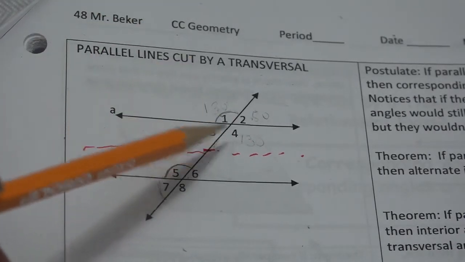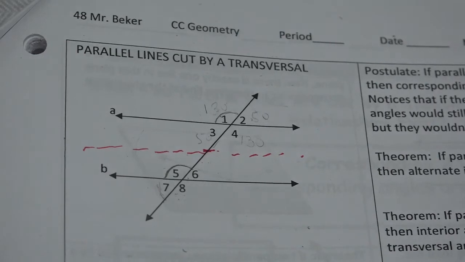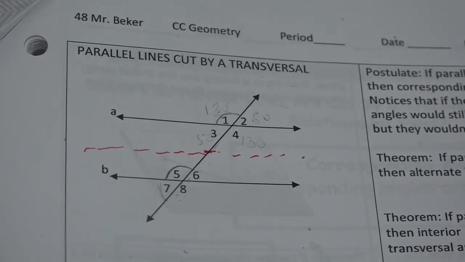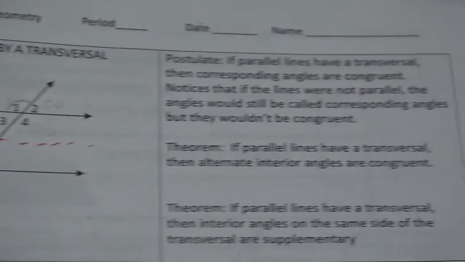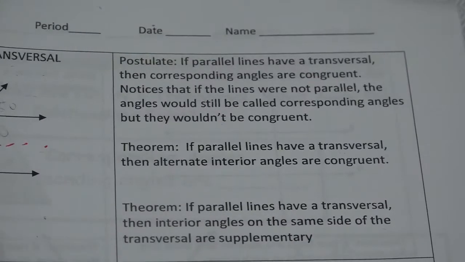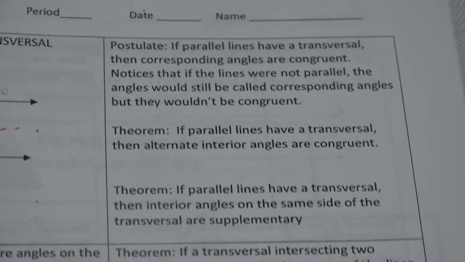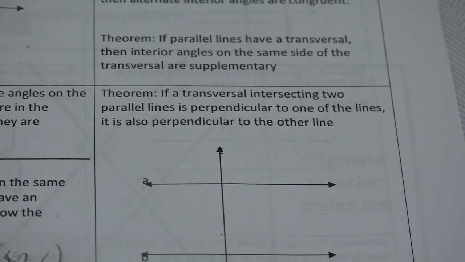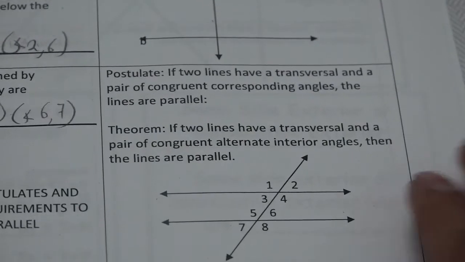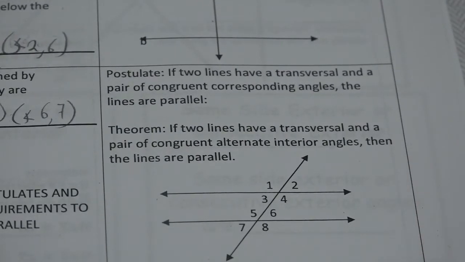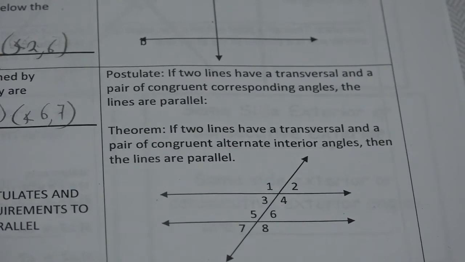Look, 1, 4, 5, 8. Okay. So just read through the postulates and you'll see that they say exactly the same thing as we were just discussing. Okay, cool then.